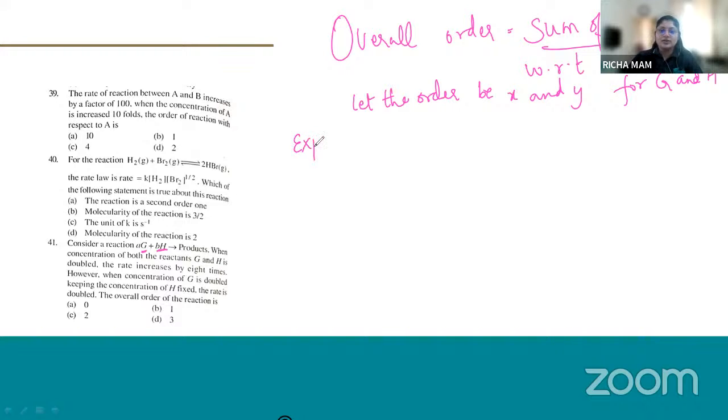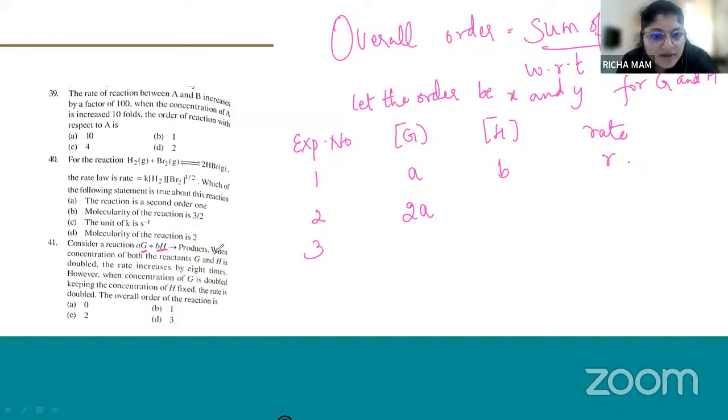Now for G and for H, what is the rate? Let the concentrations be [G] equals a and [H] equals b, and the rate is R. If the rate increases by 8 times when we double both G and H, what will happen to the rate?